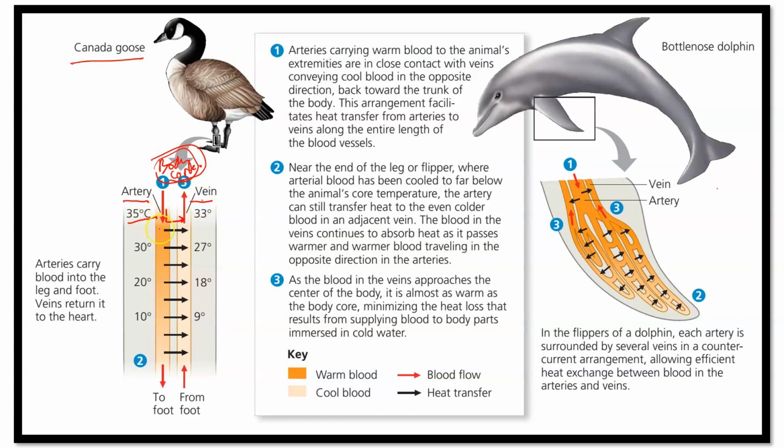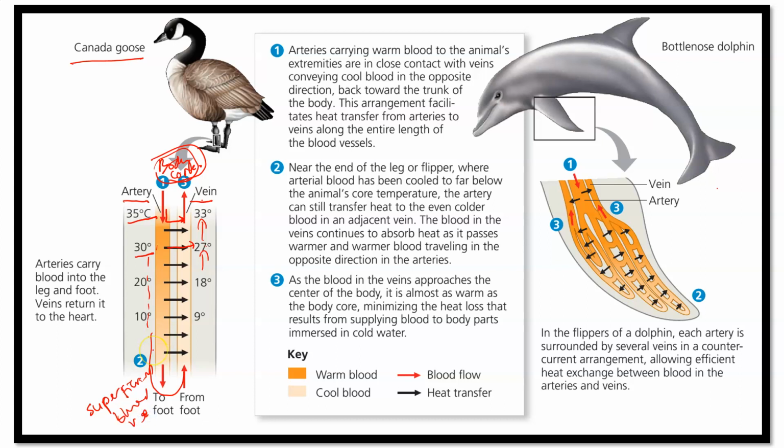So as the blood flows on, the blood temperature will drop to 30. Why? Because it transfers heat to the vein, so the vein will increase its temperature, but the artery will decrease until it reaches the superficial blood vessels.